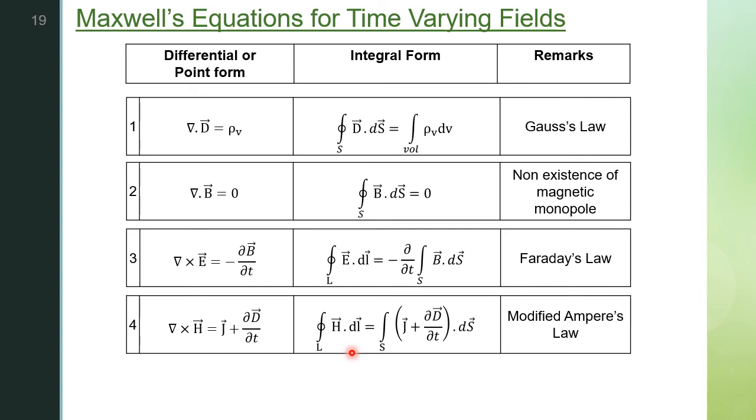And this was the modified Ampere's law. So when you see this equation, if you have a time varying electric field, it will produce a magnetic field. So these two equations led to the propagation of electromagnetic waves, and it will be produced only if we have a time varying electric field and a time varying magnetic field.